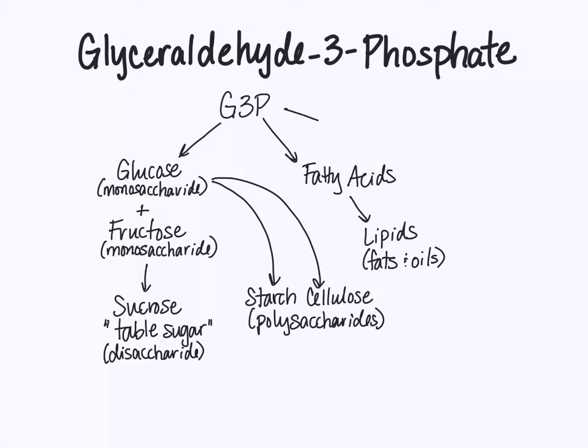G3P can also be converted to form amino acids. And amino acids are the building blocks of proteins. So we can see that this G3P molecule, which is produced at the end of the carbon reduction stage of the Calvin cycle, is a very versatile carbon-based molecule that can be converted through a series of additional chemical reactions to form different organic compounds.